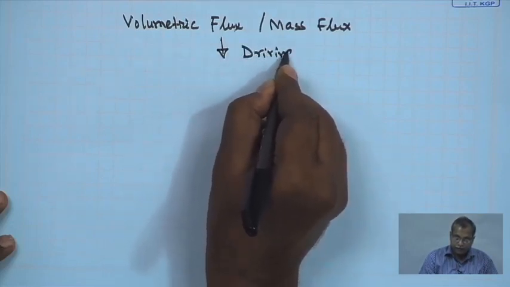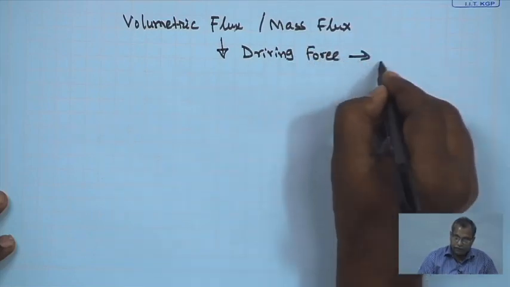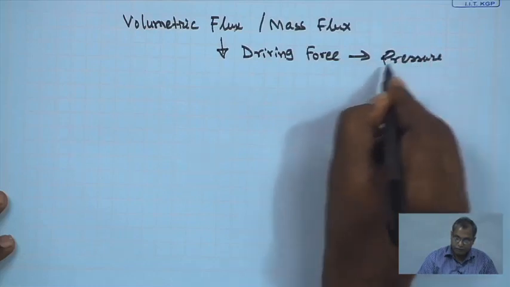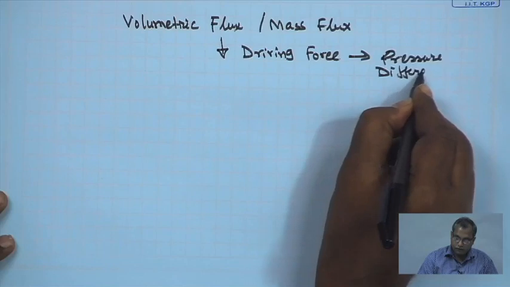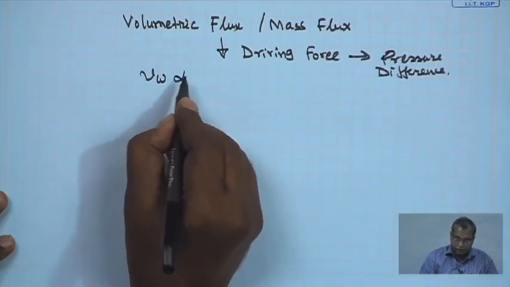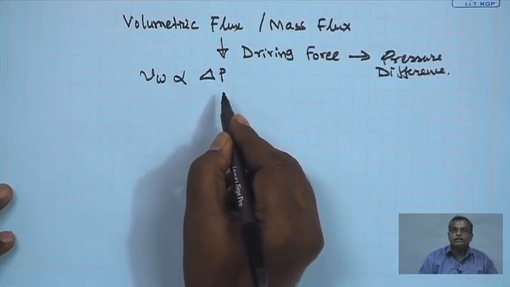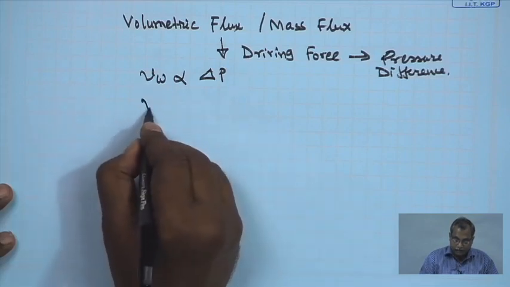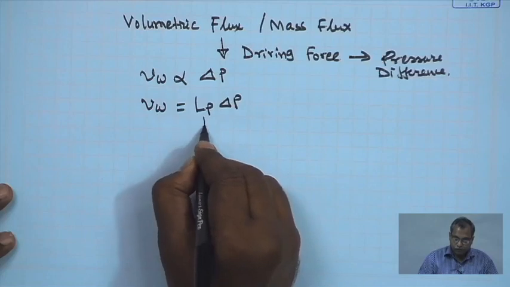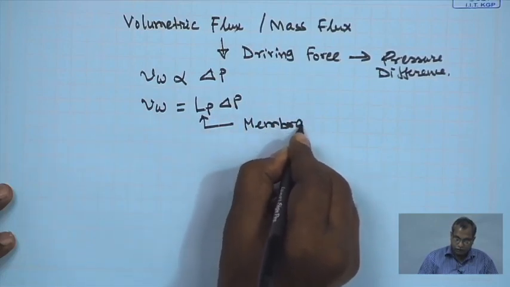What is the driving force? In our case, maybe pressure difference may be a driving force. Okay. So, volumetric flux is proportional to delta P if the pressure difference is the driving force. These are for the pressure driven membrane based processes, and the proportionality constant is the membrane permeability. So, permeability is the proportionality constant.